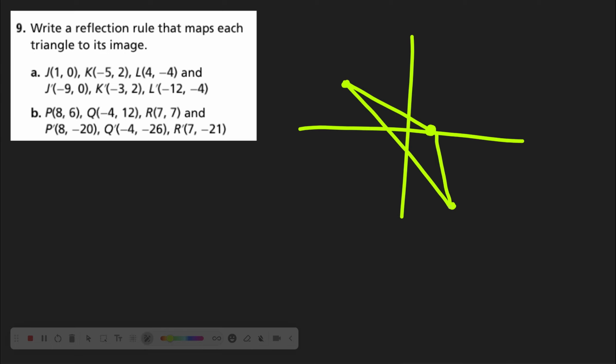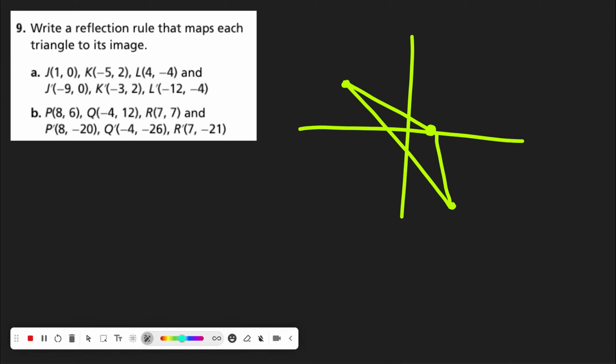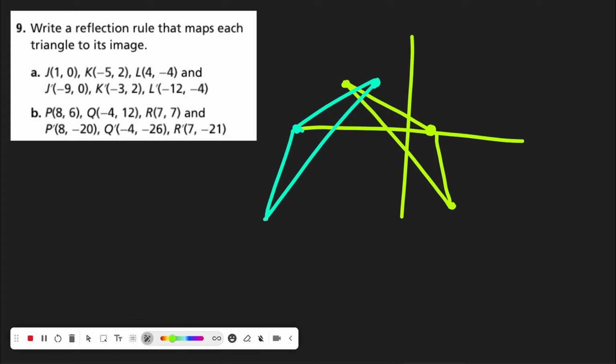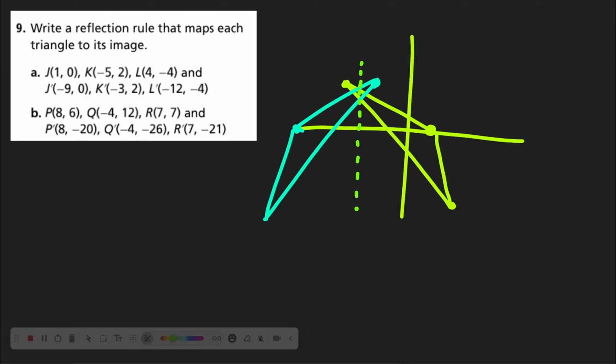I see exactly what your point was, I think. The new point is negative 3 comma 2. And then this one goes over here, and this one is down here. Now, is that what you were meaning, Jude? It's just reflected. And so actually the reflection isn't that point, it's the point right in between them. And so this is the point negative 3 comma 2, and this is the point negative 5 comma 2.